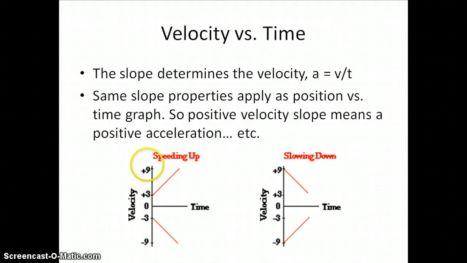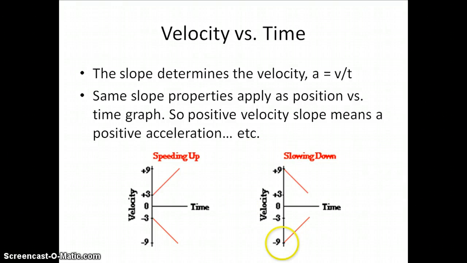So as the numbers get higher up here, your velocity is greater in one direction, and here as you go down, your magnitude increases, but it's in the opposite direction. So as you can see in the graph, you can either go positive 9 meters per second or negative 9 meters per second, and the only difference is in which direction. So both of these lines represent speeding up.